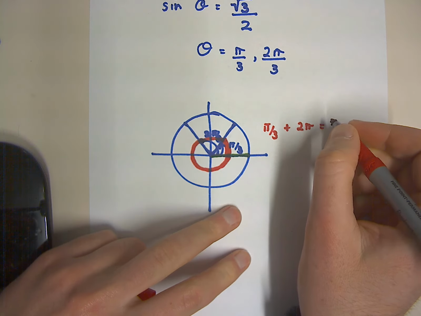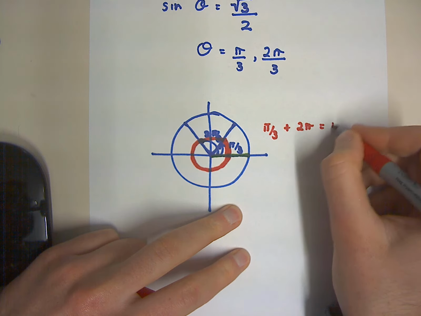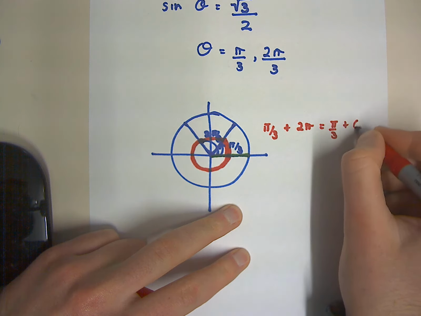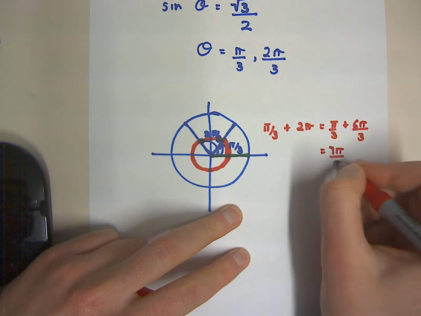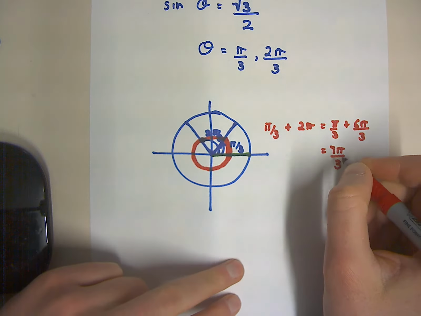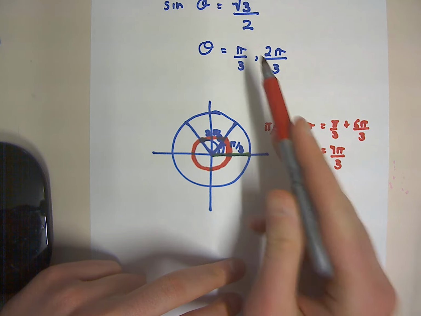And if you add those, well, pi on 3 plus 2 pi is pi on 3 plus 6 pi on 3. So 7 pi on 3 also gives the same y coordinate, root 3 on 2.